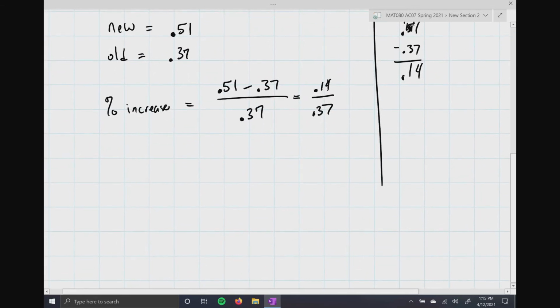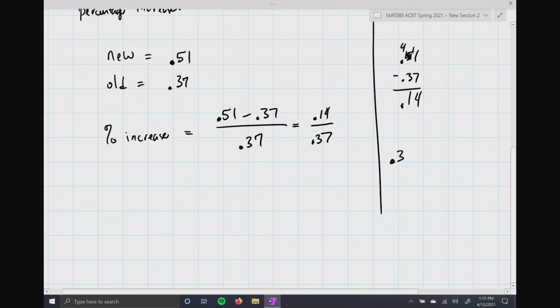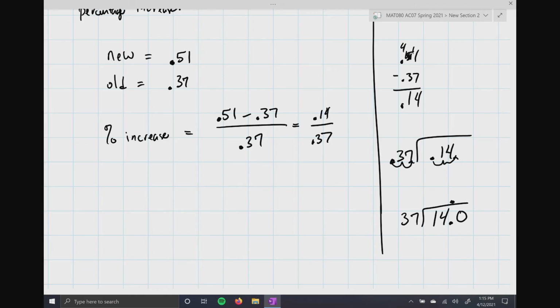Okay? So, once again, off to the right. I'm going to divide these two numbers. I move to the right 2 spots. I move to the right 2 spots. And put a 0. So 37 does not go into 14, but 37 will, and I'm going to get out my calculator here just to help us out a little bit.